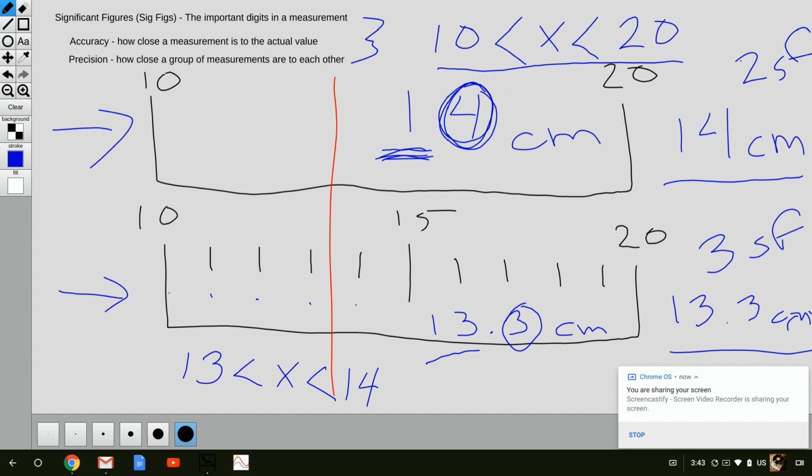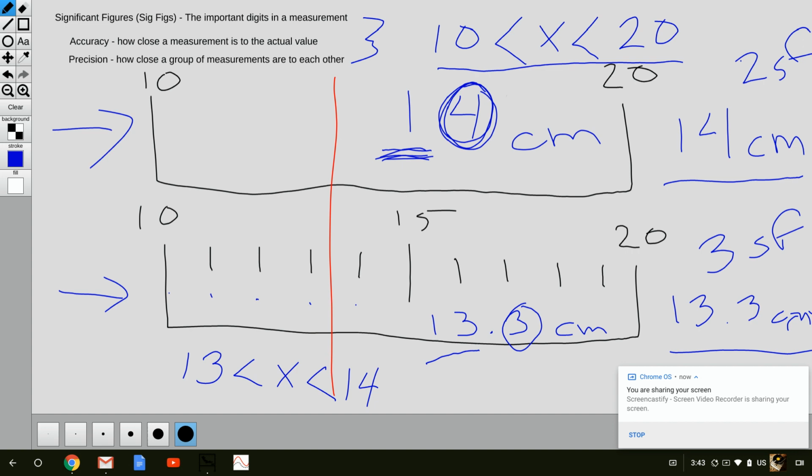If I were to measure the same red line over and over again on the top ruler, I would generally get something about 14. Maybe occasionally I would get 13, maybe occasionally 15. So I have a range of error of somewhere between 13 and 15 centimeters.